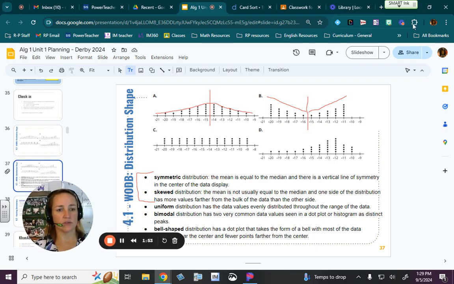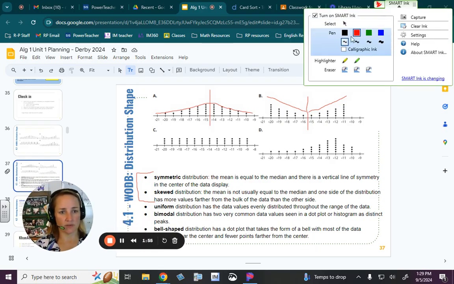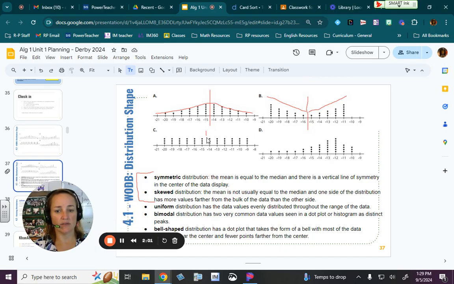What I also see, sorry, I was moving it so I can see my notes, is that C is also symmetrical. If we put a line right down the middle of the data set right here, the left side looks the same as the right side, mirror image. Okay, so with the symmetric graph, the mean and the median are right there in that line of symmetry.